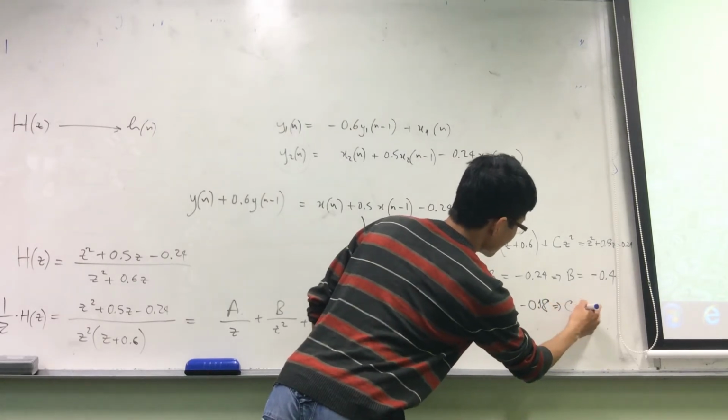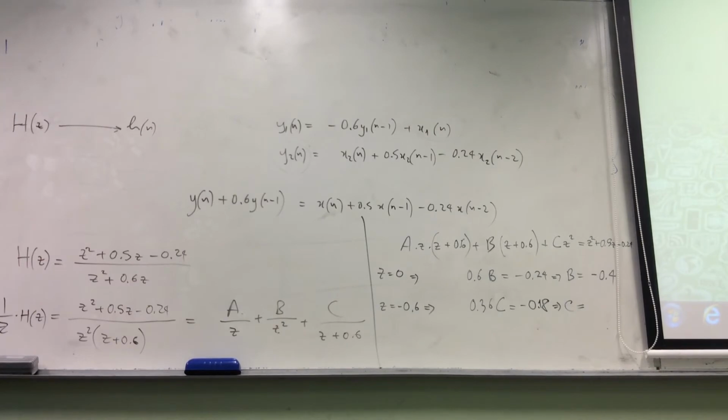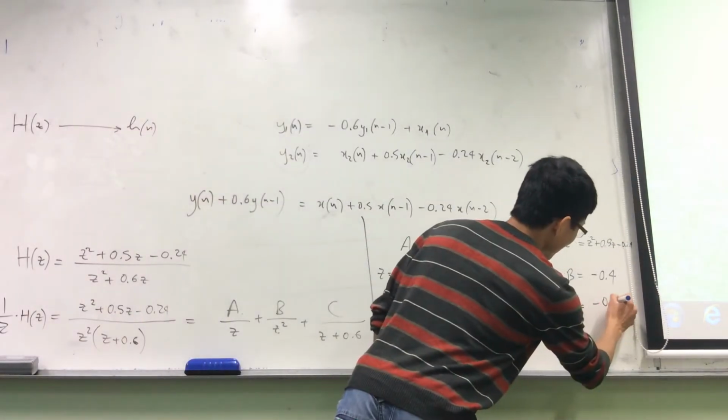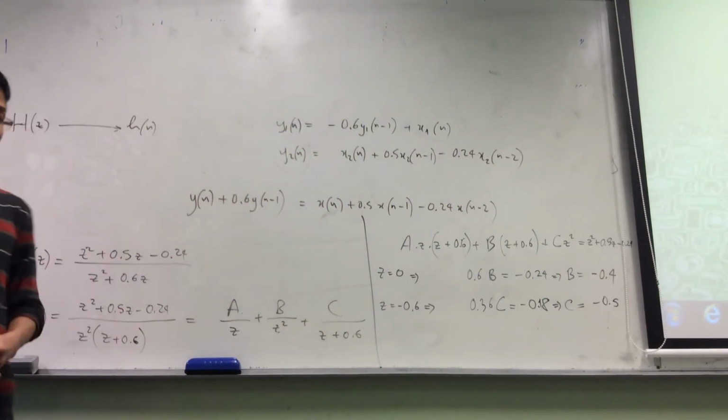So you can calculate C by taking this divided by that. And then you substitute another easy one, and you can find C.